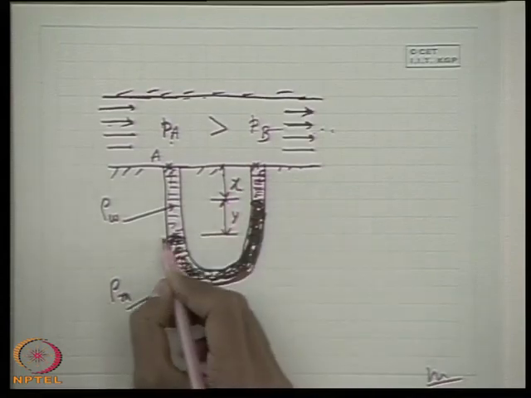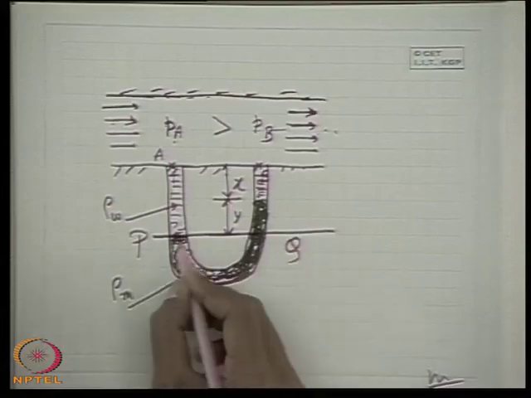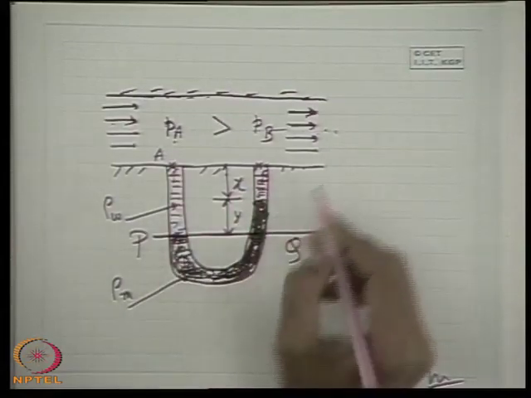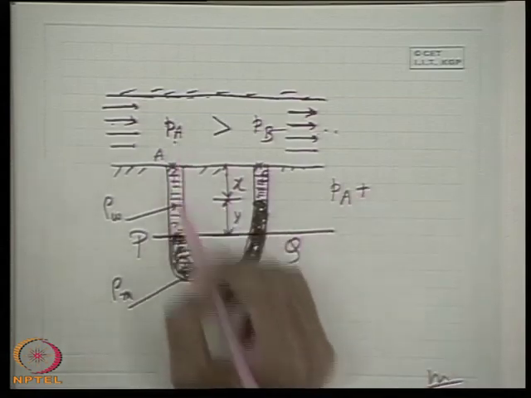Then again, if we select this PQ line where we will equate the pressure from both the sides, what will we get from the left side? Pa. Please tell me what we will get?